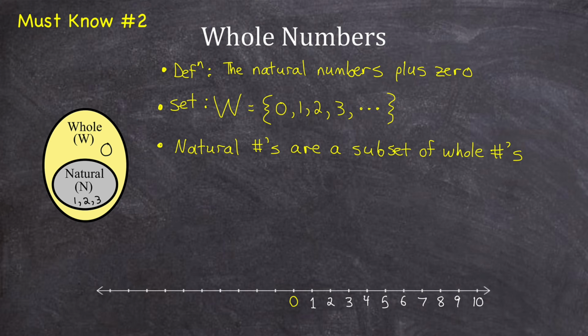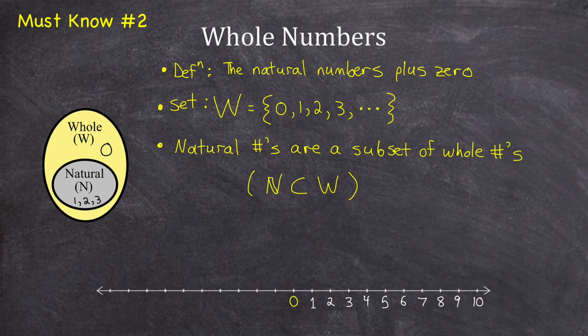And the notation for indicating that the natural numbers are a subset of whole numbers looks like this, where in this statement it says that the natural numbers are a subset of the whole numbers. This sideways U means a subset of, and that just means all of the natural numbers are within the set of whole numbers. Even just looking at this set of whole numbers here that I started, all of the natural numbers would be in this section.